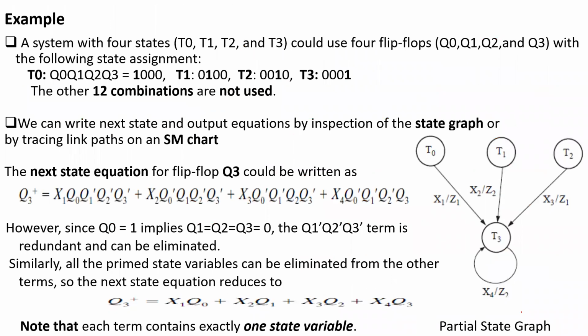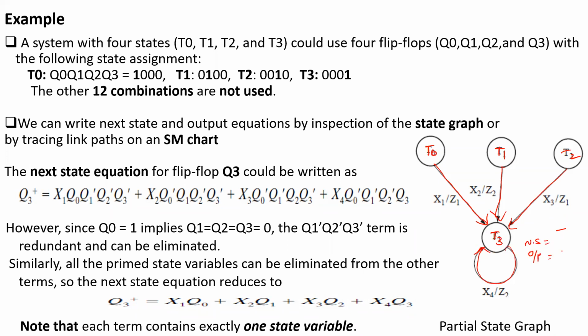For example, let us consider this state diagram. T0 is one state, and T1, T2, and T3 are the 3 other states. This is how the state diagram looks. My question is: what is the next state for T3, and what is the output for T3?